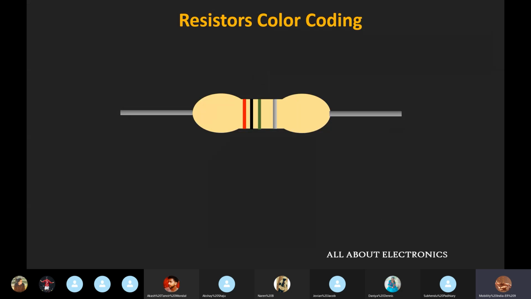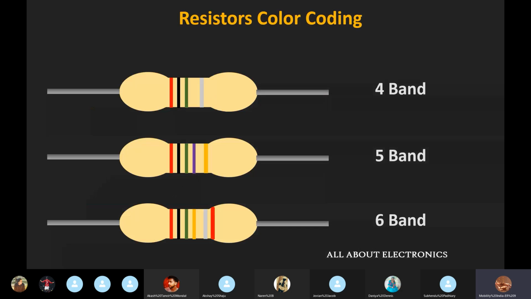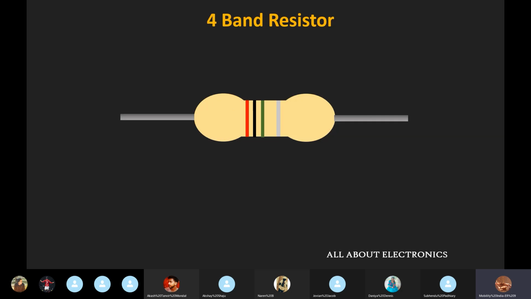Now the commercially available resistors can have either 4, 5 or 6 bands, and depending upon the number of color bands, these resistors are known as 4-band, 5-band or 6-band resistors. First of all, let us find out how to find the value of 4-band resistors.